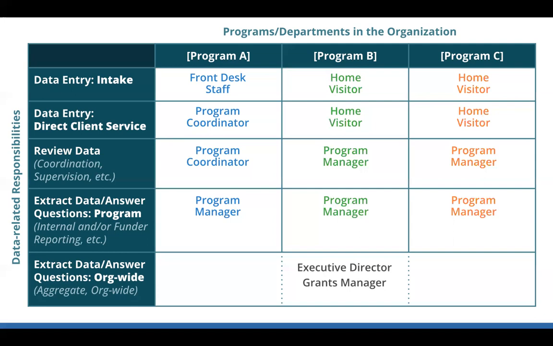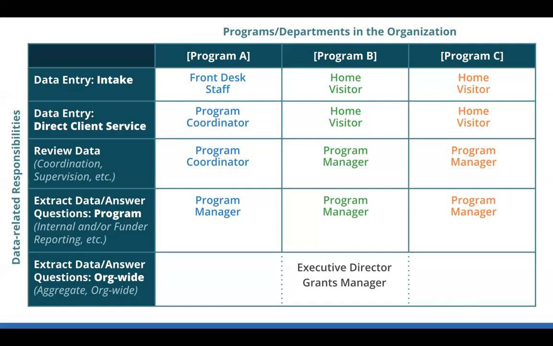They both are looking across the organization. So they're looking for data to answer questions about the whole entire organization, looking at demographics, services provided for the organization as a whole. Okay, great. So we've got all the roles plotted.